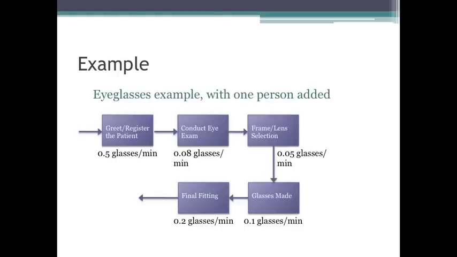Well, it turns out that we have a new bottleneck, because while the conduct eye exam step can now go much faster, the new bottleneck is at the frame and lens selection step, because that still has a design throughput rate of 0.05 glasses a minute. Because this is now our smallest throughput rate, this becomes our new bottleneck. So if we want to add a second person to the process, and we want to improve the process, guess where we're going to do it.